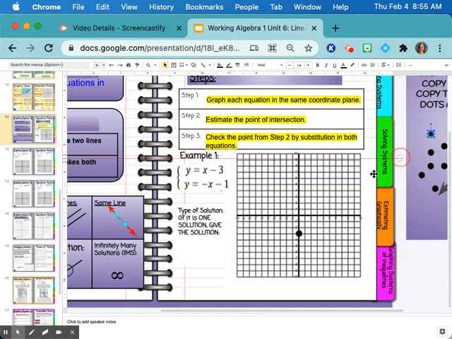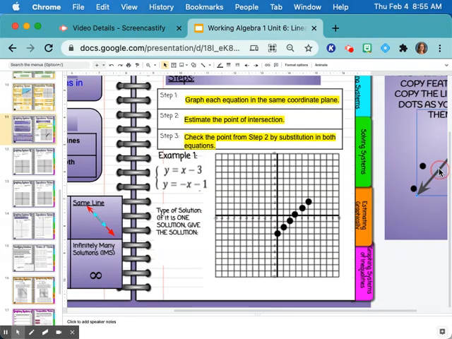So we're going to go up 1 over 1. Grab another point. Up 1 over 1. The more points you do, the more accurate your line will be, especially whenever you graph it on paper. If you need to check it in the calculator, you can.